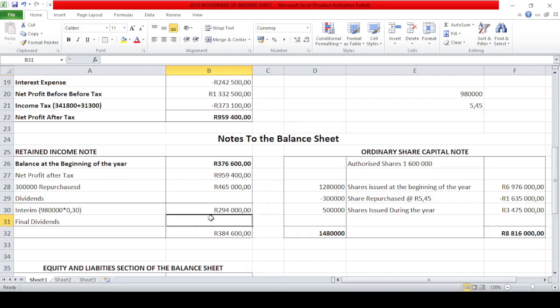As I've said, final dividends is going to be the balancing figure, as well as the dividends. So we are going to start by calculating our dividends at the end of the year.